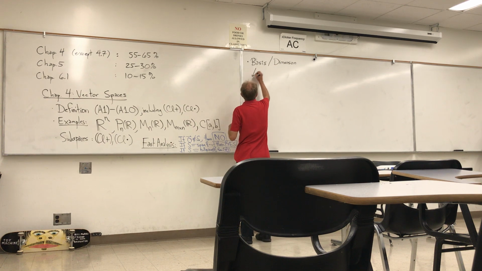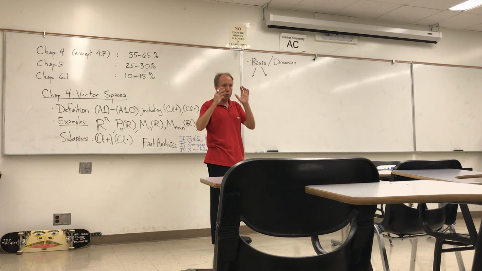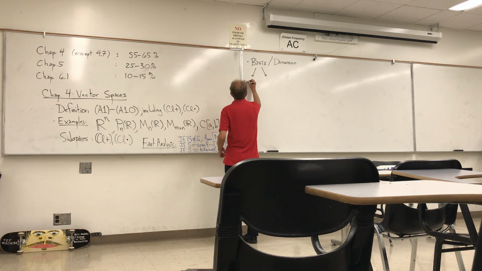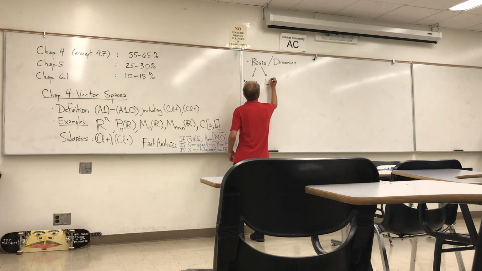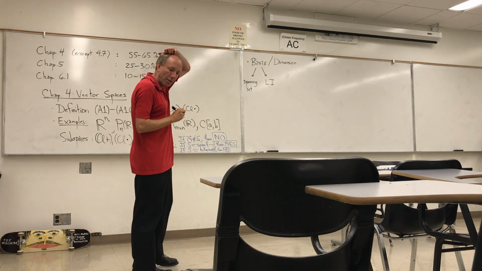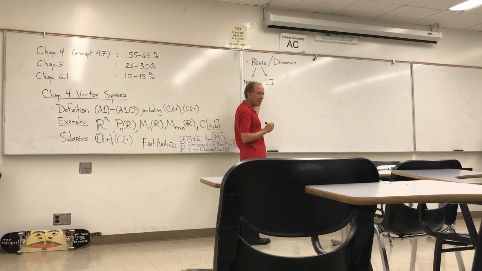Remember that if you are talking about a basis, there are two primary attributes that you're looking for. Your vectors have to be a spanning set, and your vectors have to be linearly independent, right? And so you have to kind of remember how to verify a spanning set and linear independence.